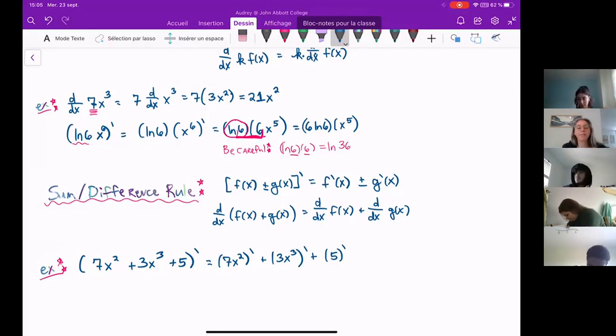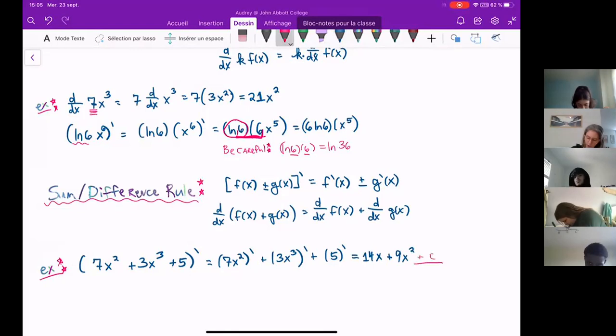So what do you guys think the derivative of 7x squared is? 14x. Plus, what's the derivative of 3x cubed? 9x squared. Plus, what's the derivative of 5? 0. So I don't need to write that.